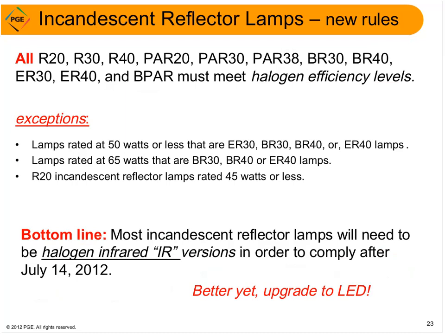Instead, you're going to need to buy the more efficient halogen infrared or IR versions of these lamps. While this type is going to be more expensive, it will pay for itself over time. But one of the main reasons for bringing this up is that a much better alternative, instead of installing halogen infrared, is to upgrade to LED.